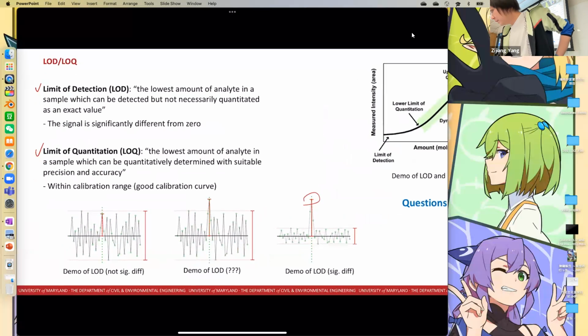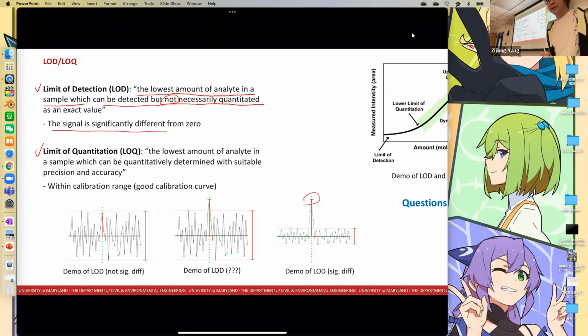The limit of detection is the lowest amount of analyte in a sample which can be detected, but not necessarily quantified as an exact value. So we only know the signal is significantly different from 0.